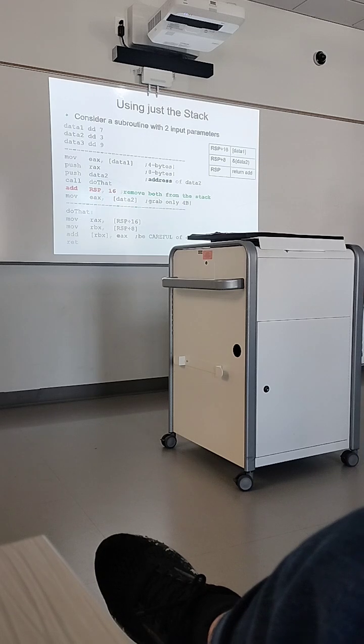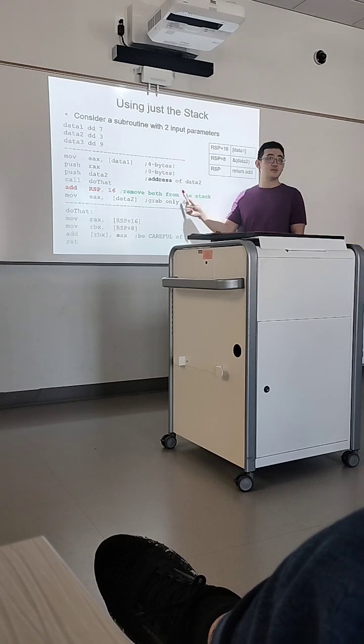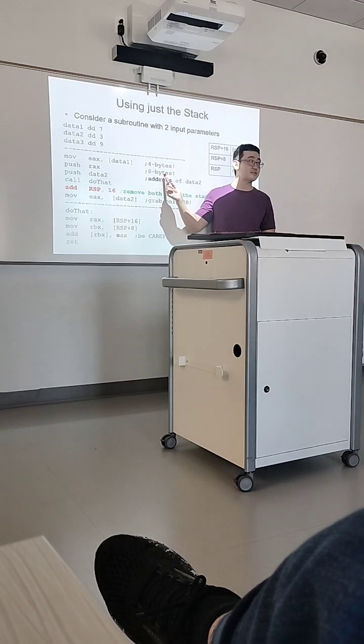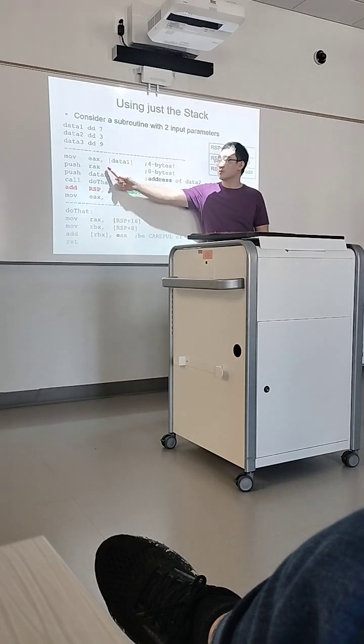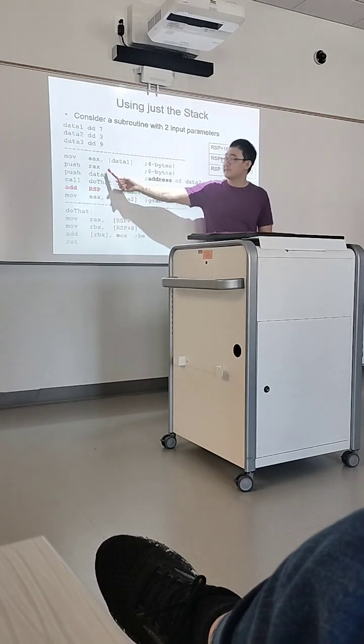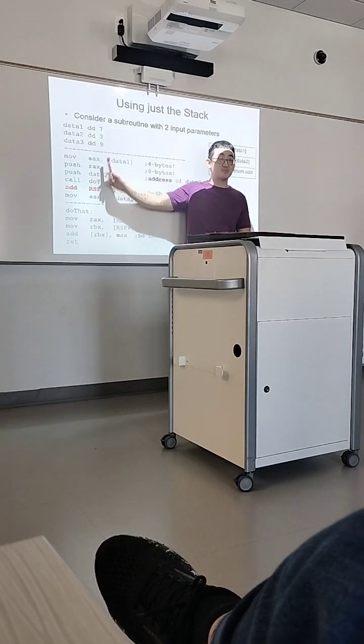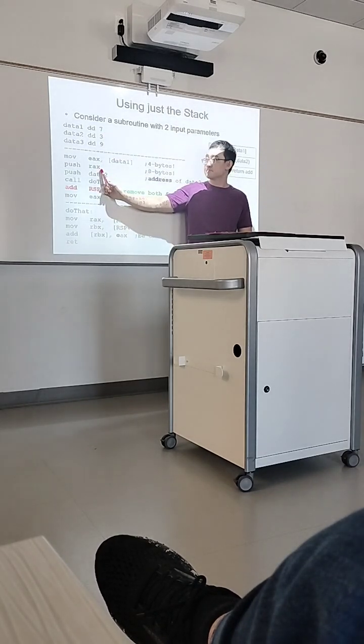Well, why did I push RAX? Why didn't I push EAX? Why can't I push EAX? The stack only works with 8 bytes, 64 bits. So I had to move the entire thing. What's in there? A bunch of zeros and then, at the end, 7.